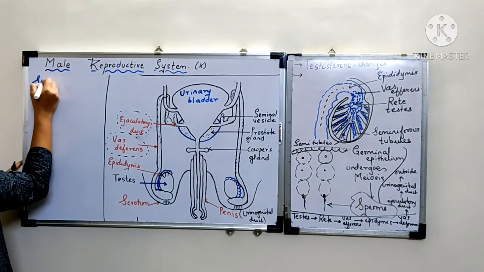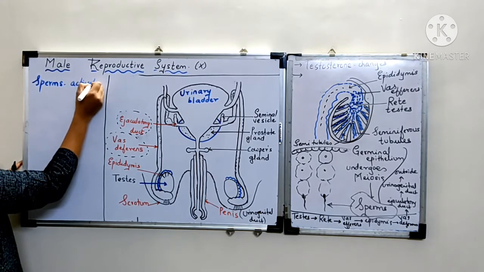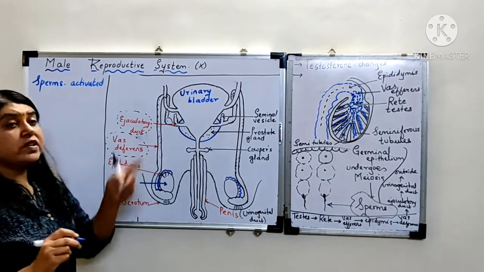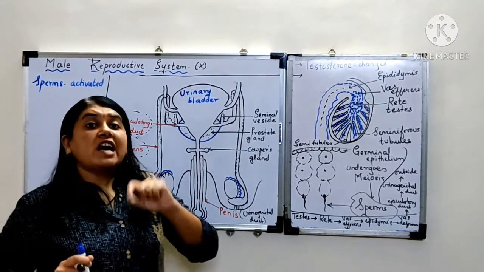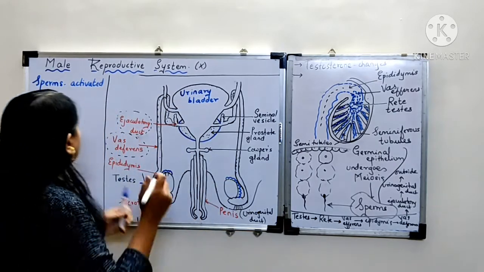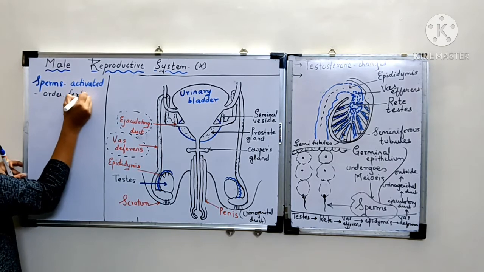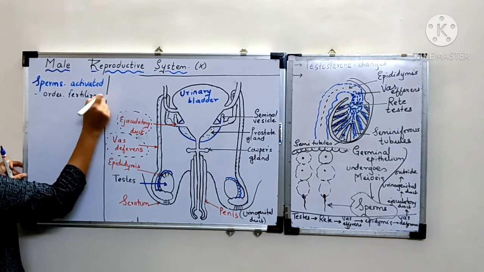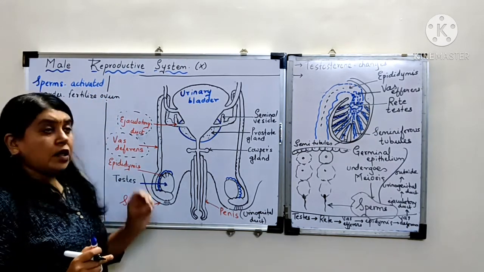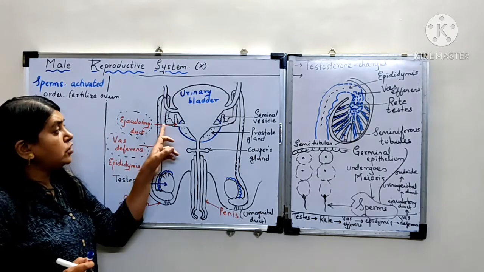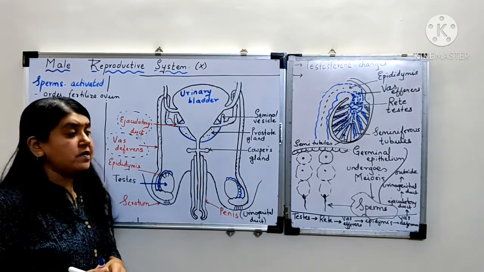Why is activation required? Because the sperms have to fertilize the ovum. So sperms get activated in order to fertilize the ovum.